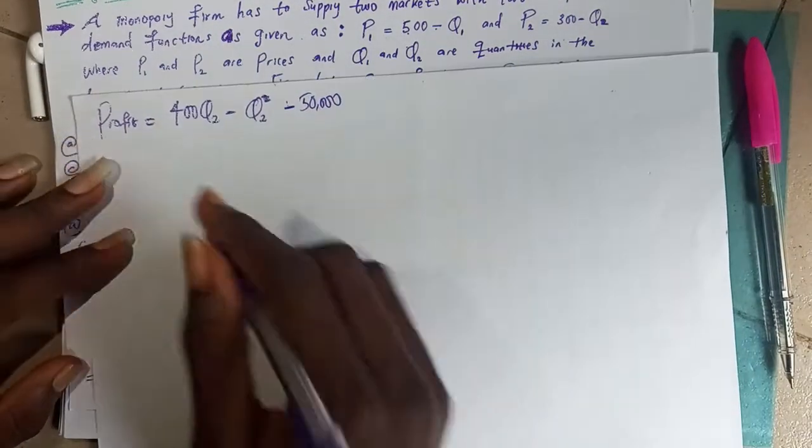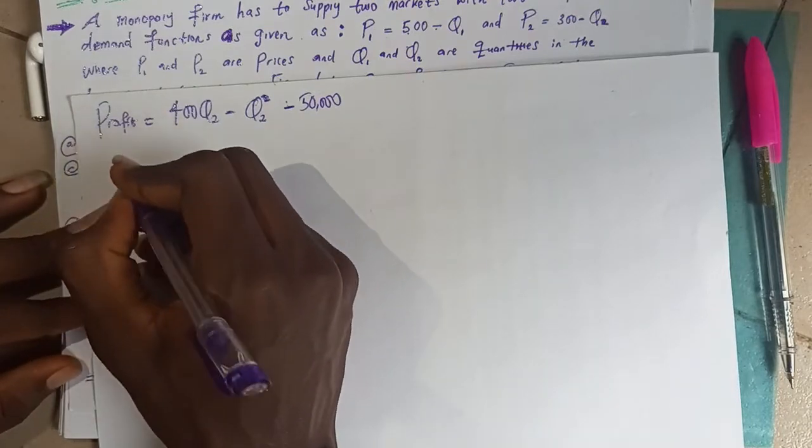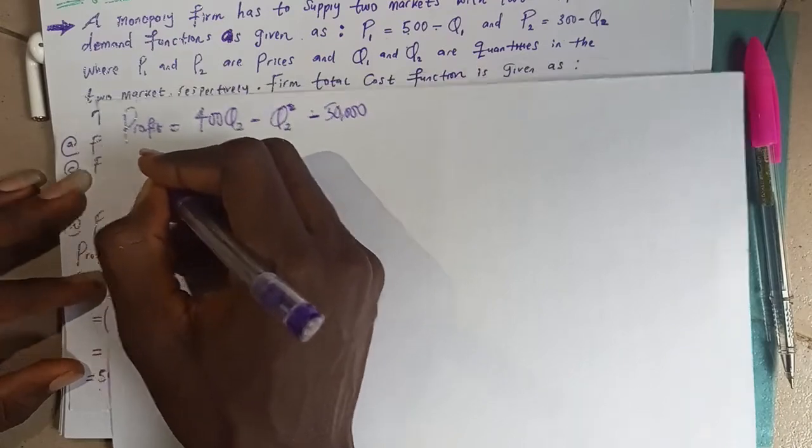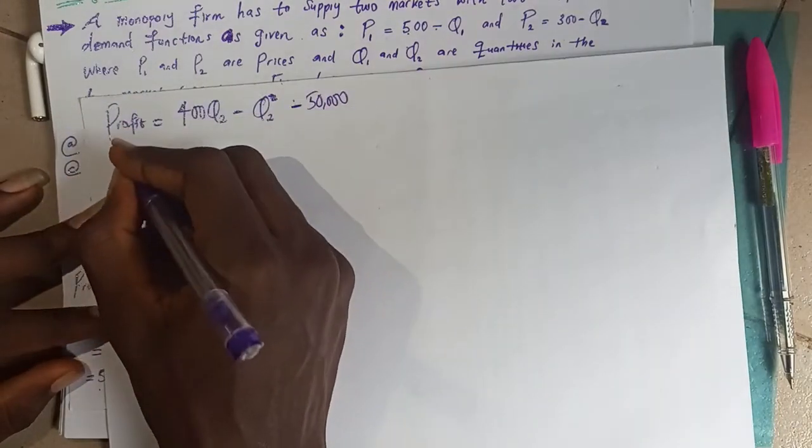So this is what we have. When we have this, we can easily find the profit maximizing output.